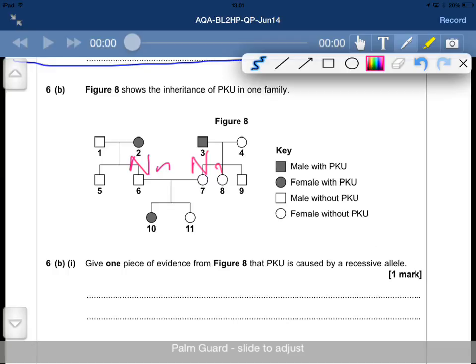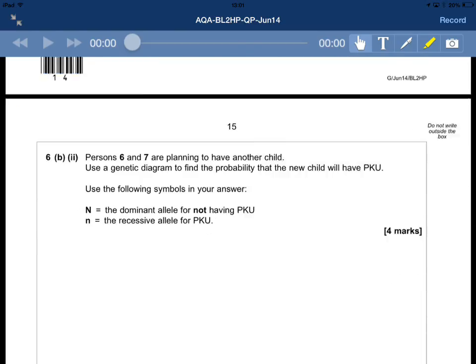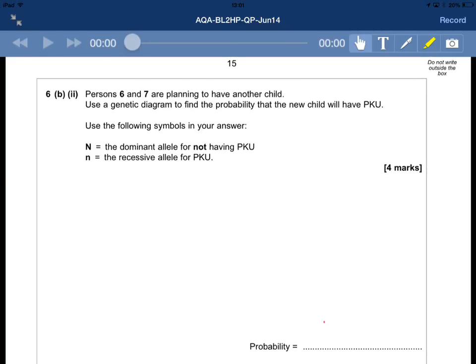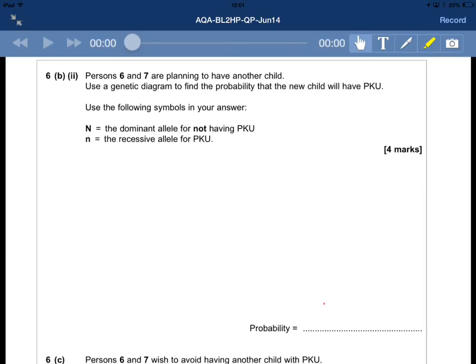Okay, so in this question, they've asked you to do a cross between number 6 and 7, we can see here. Person 6 and 7 are planning to have another child. Use a genetic diagram to find the probability that the new child will have PKU. Okay, and they tell you what symbols to use.